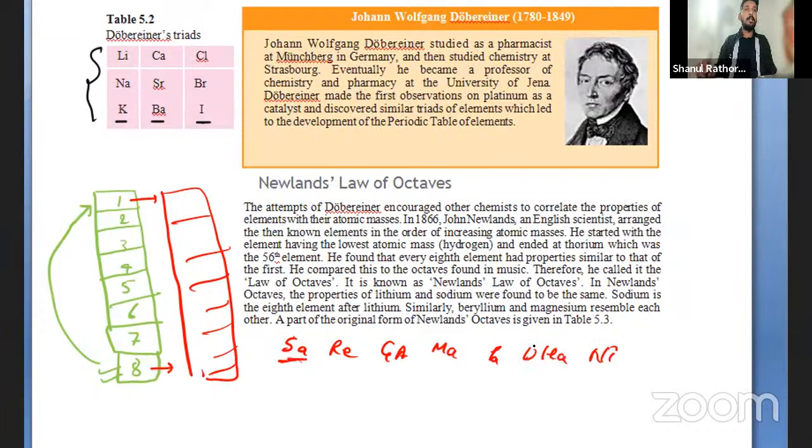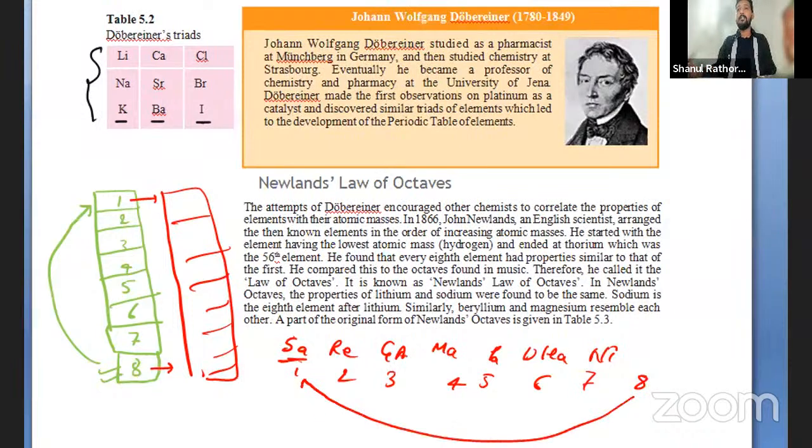So they are 1, 2, 3, 4, 5, 6, and 7, and the eighth one is correlating with the first element, correlating the properties of the first element.